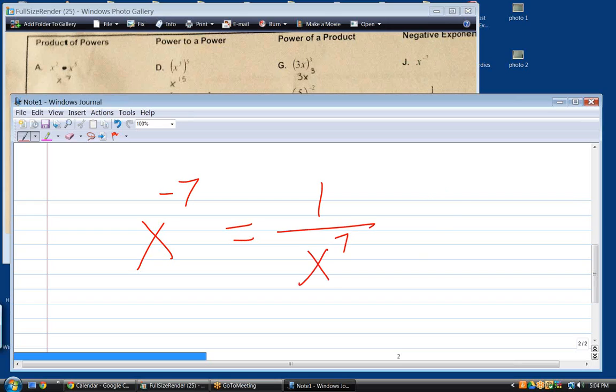In other words, 2 to the minus 1 would be equal to 1 over 2 to the positive 1, or 1/2. And in fact, most of the time, it does not equal a negative number. It equals a positive number, almost always, unless x is negative.